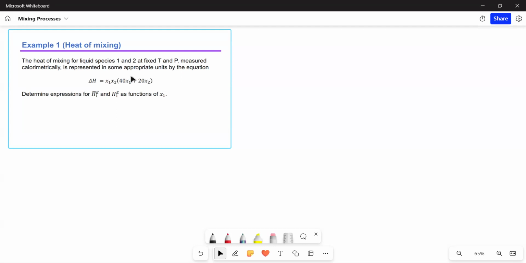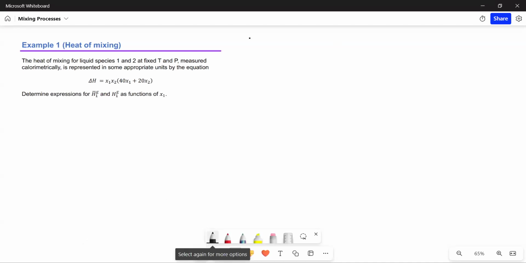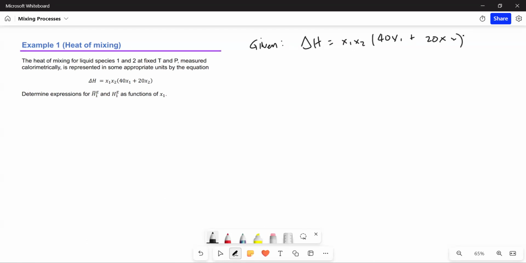All right, let me pause for a while to look for my pen. Let's begin by writing the given. Okay, given, so we're given the equation delta H equal to x sub 1, x sub 2 multiplied by 40 x sub 1 plus 20 x sub 2.